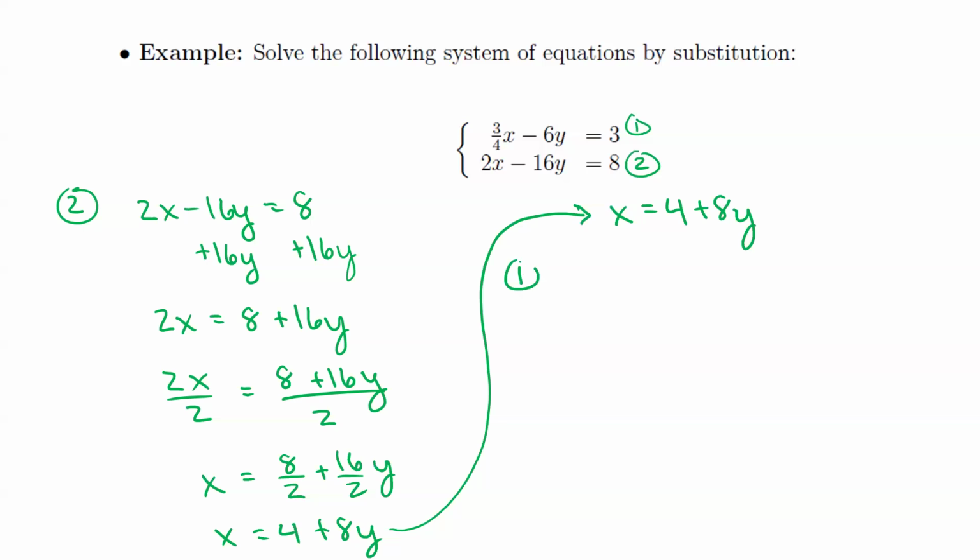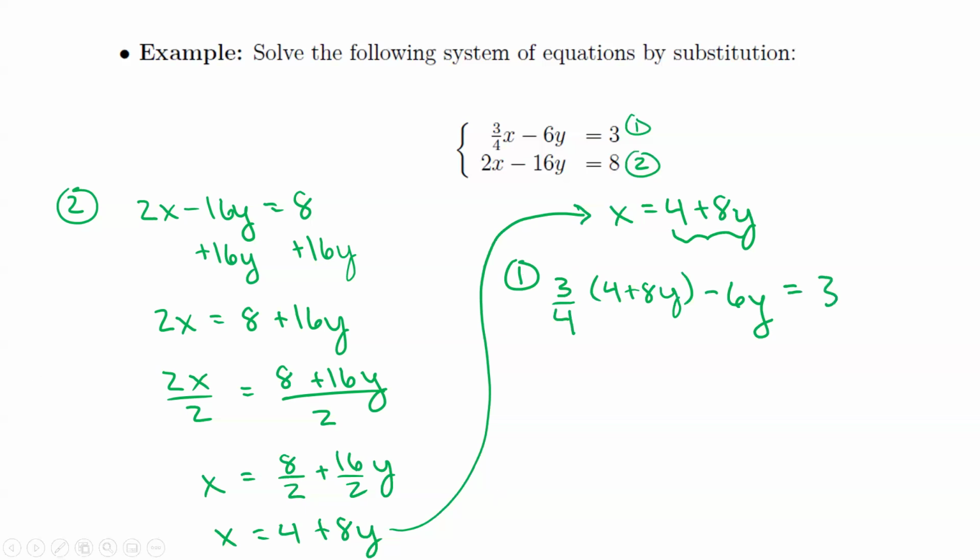We're going to take equation number 1, and we are going to plug this in where I see an x in equation number 1. So it'll be 3/4, but instead of times x, it'll be times 4 plus 8y. And then minus 6y is equal to 3.